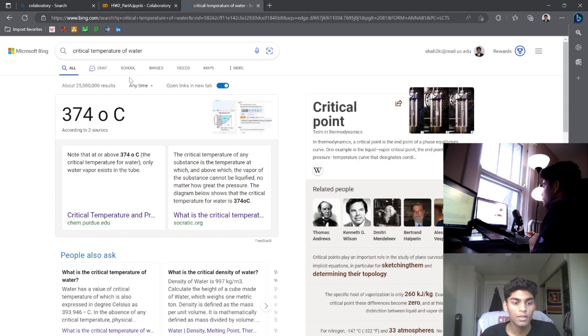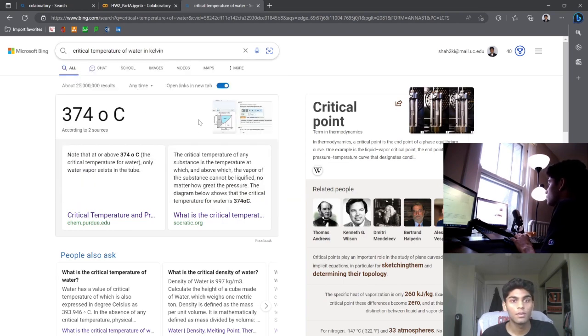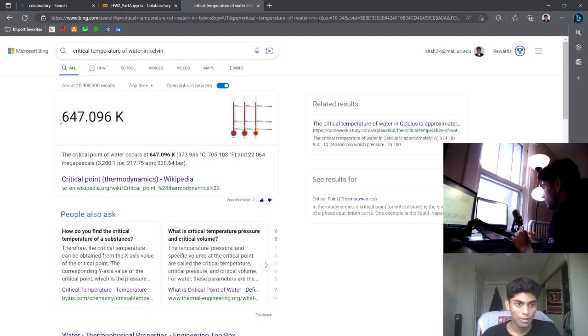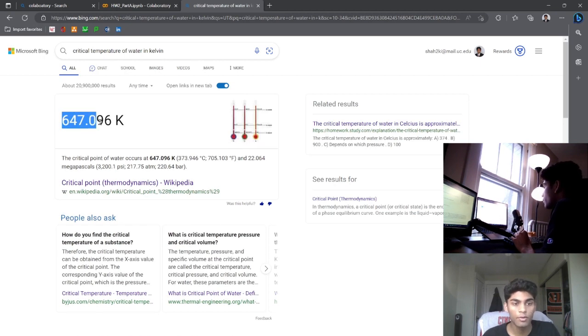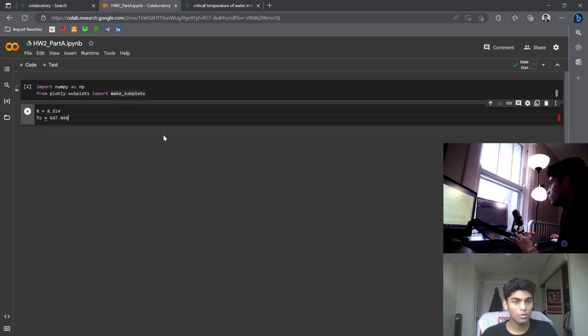And we want that in Kelvin. Okay, we have 647.096 Kelvin. Just going to Control C, Control V, easy enough. And R is going to be in joules per mole Kelvin.